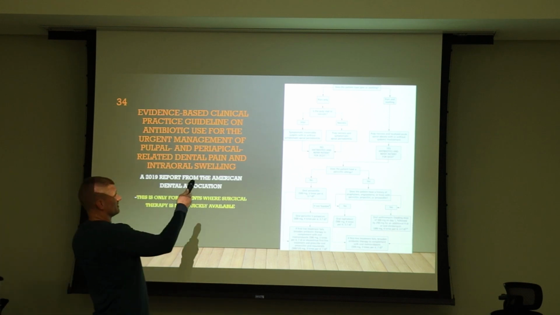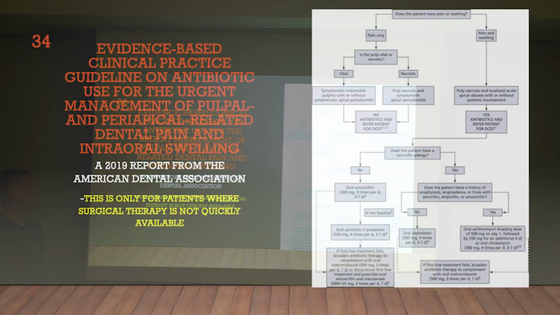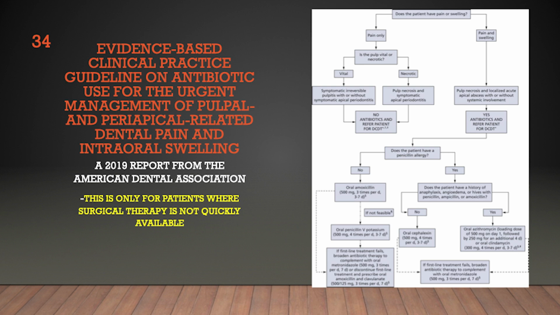So pain or swelling, that's the first thing. If you have pain or swelling, that's when you use antibiotics. If you don't have swelling and you just have pain, you typically don't use antibiotics. So it's swelling that pushes you towards antibiotics. And then they go on to break it down into what antibiotic to use.